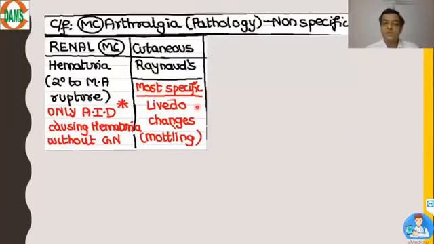Livedo, this term you will study in forensic medicine, post-mortem mottling. So if you get it in a live person, please think of PAN. So the most specific cutaneous manifestation is the livedo changes.